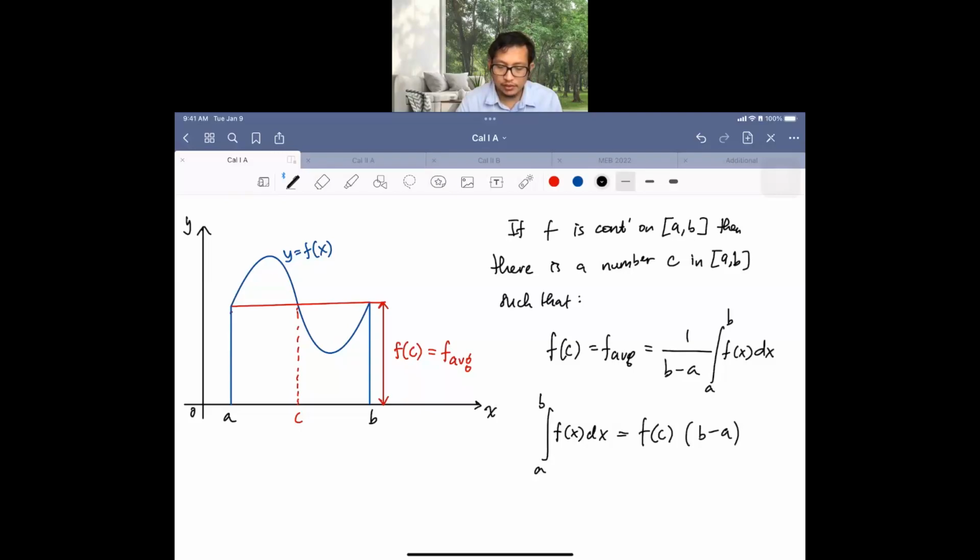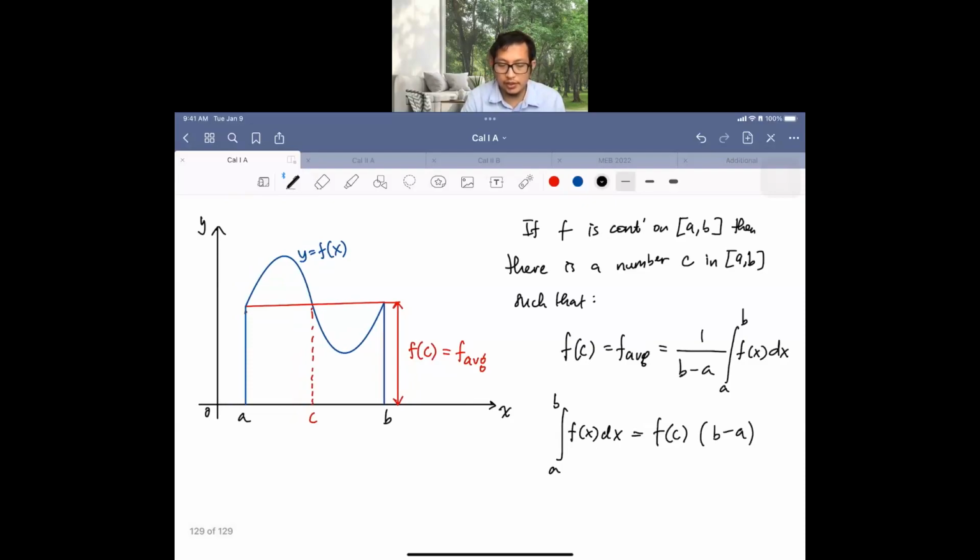So if you would like a more geometric perspective, look at the left graph. You can see that it's perfectly in the middle and perfectly symmetric. Then we could say that f(c) is the f average.